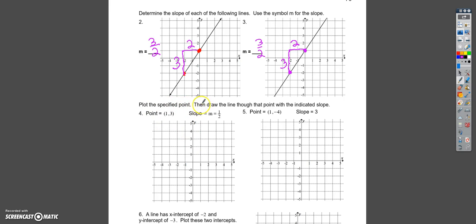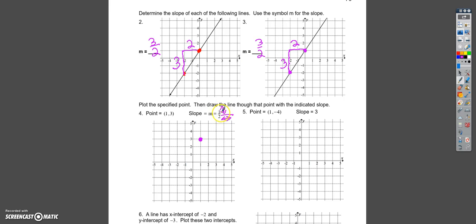Plot the specified point. Then draw the line through that point with the indicated slope. So here's our point, 1, 3. There's our point. Slope, remember we said rise over run. So rise can go up and down, and run can go left or right.